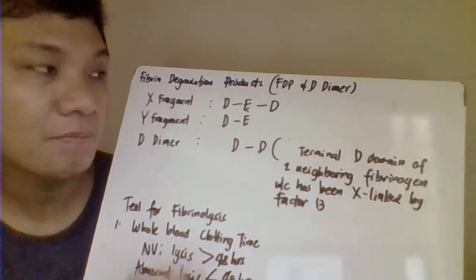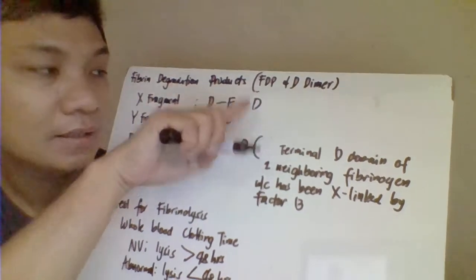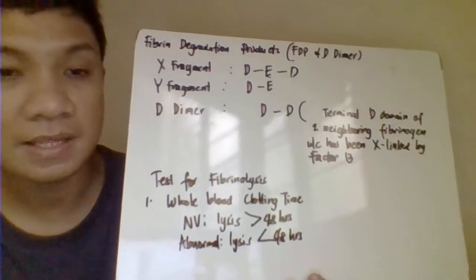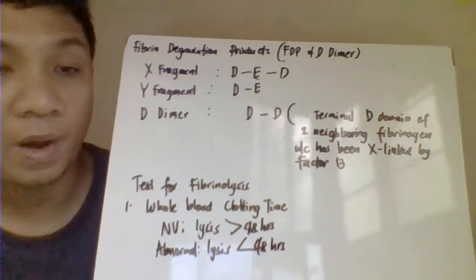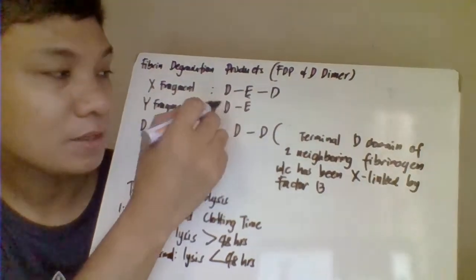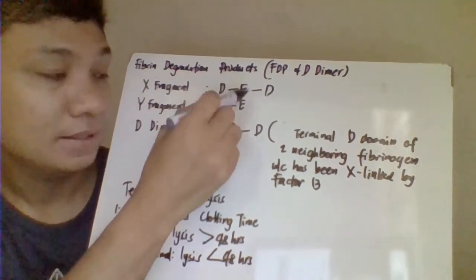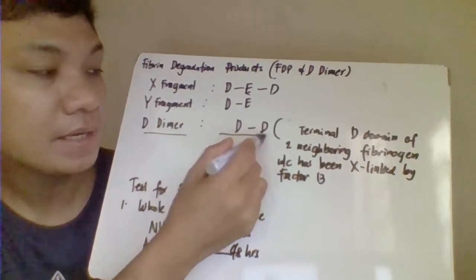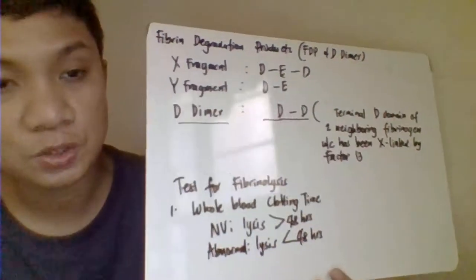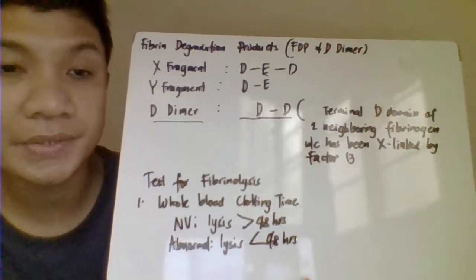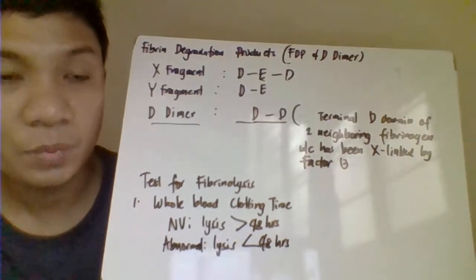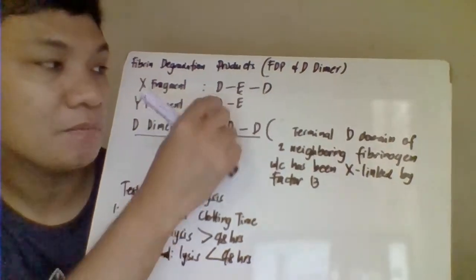Your Y fragment, pag tinanggal ang isang D by hydrolyzing that one, it becomes your Y fragment. On the other hand, ang D-dimer natin represents dalawang D na nag-attach to one another, cross-linked by factor 13, which represents dalawang terminal D domain.